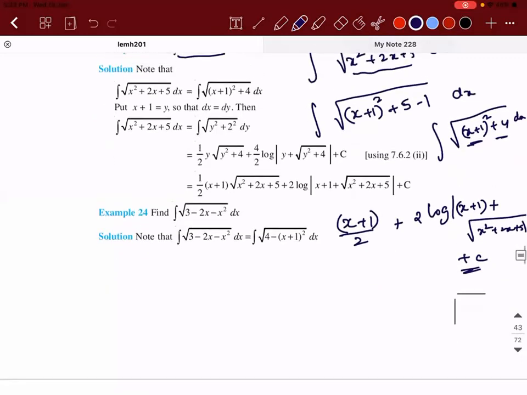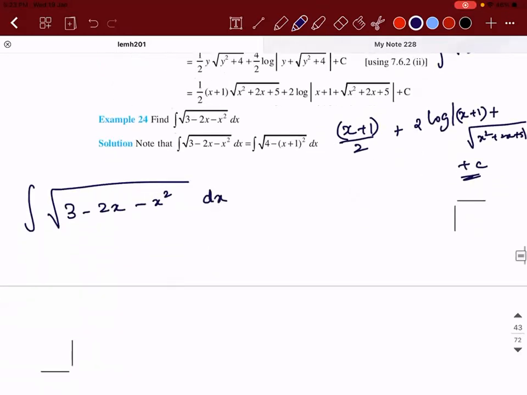Right. How to do the next one? Integral of root of 3 minus 2x minus x square dx. Root of, I'll take the minus sign outside. It will be x square plus 2x minus 3 times dx.